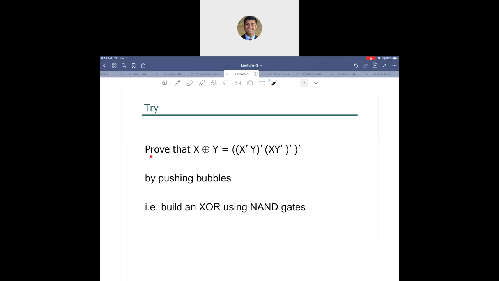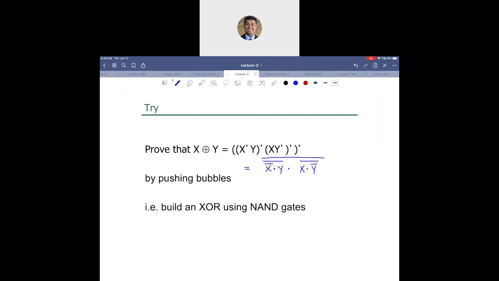But over here, we are going to try to prove that X exclusive OR Y, which is indicated by that logic function there, is simply X complement and Y, complemented, and X and Y complemented, and there's a complement there.